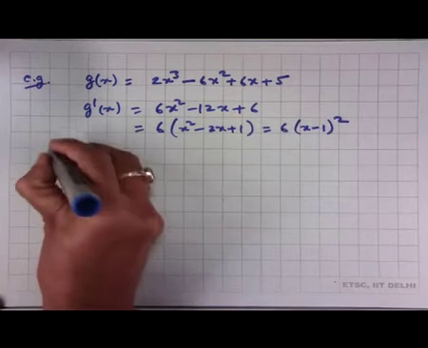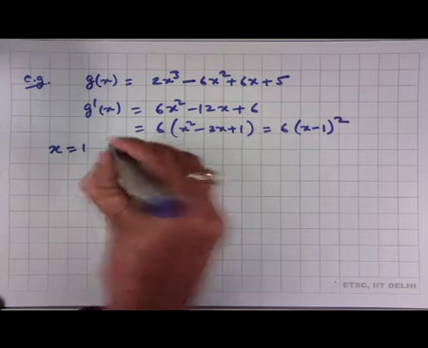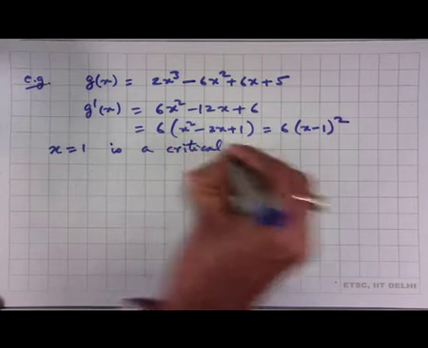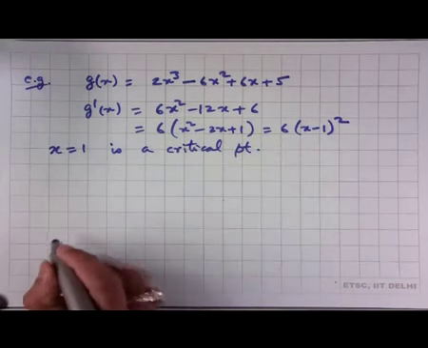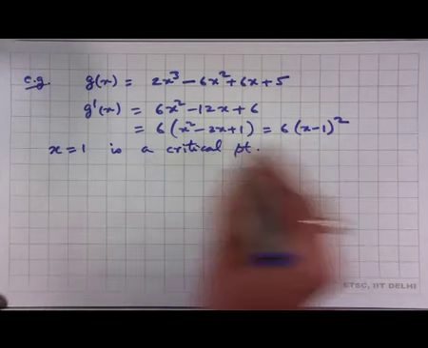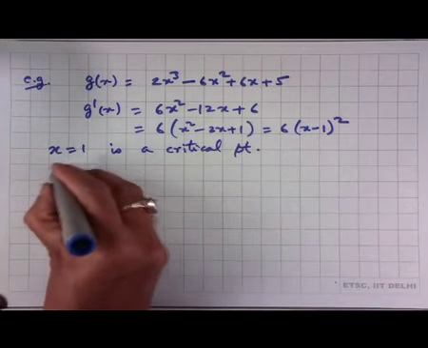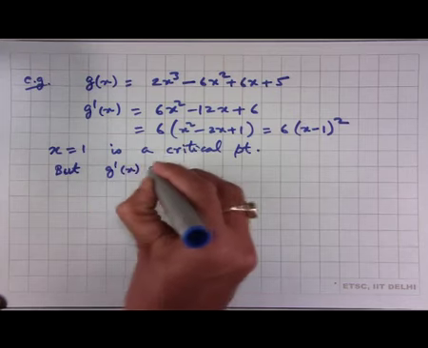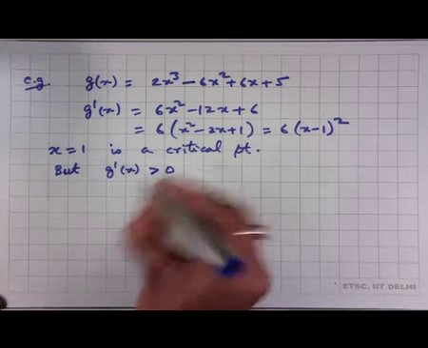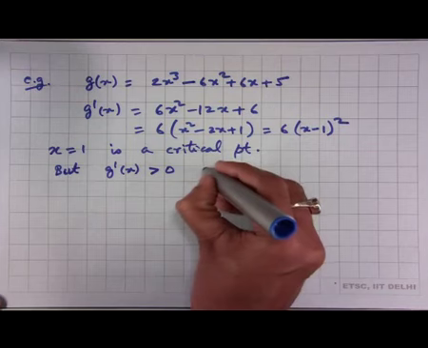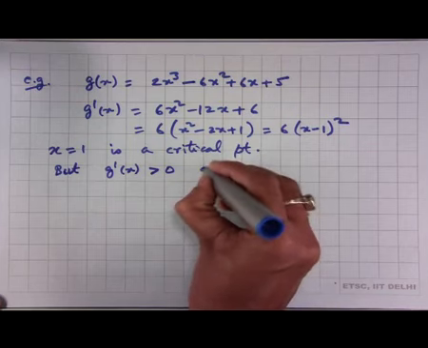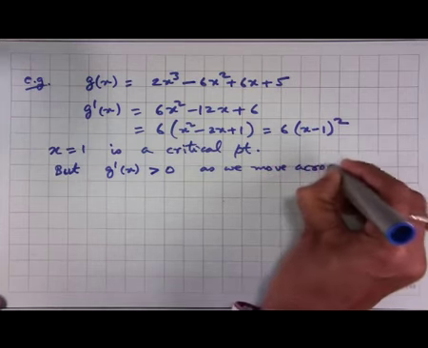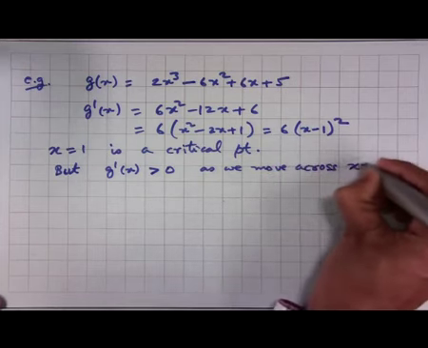So, here again x equal to 1 is a critical point, but we see that g'(x) is positive as we move across x equal to 1.